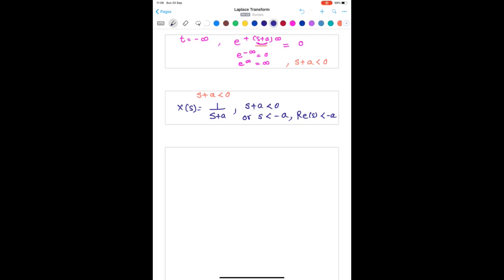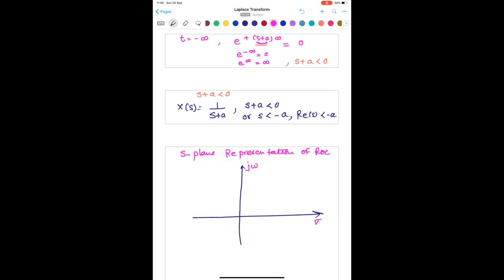So if I plot it on an s plane, so it's s plane of ROC, then so this is sigma, this is sigma, this is j omega.